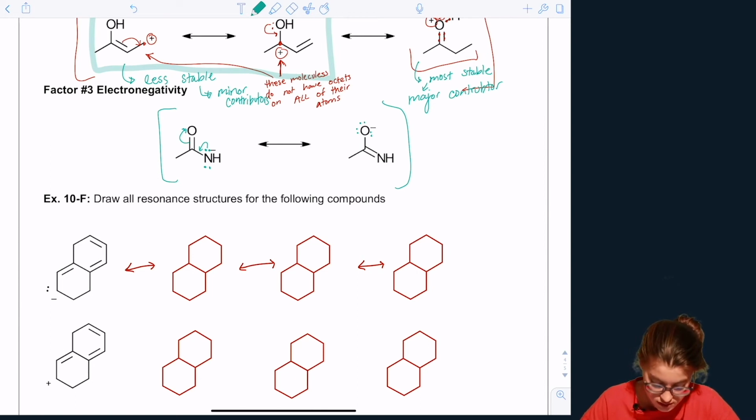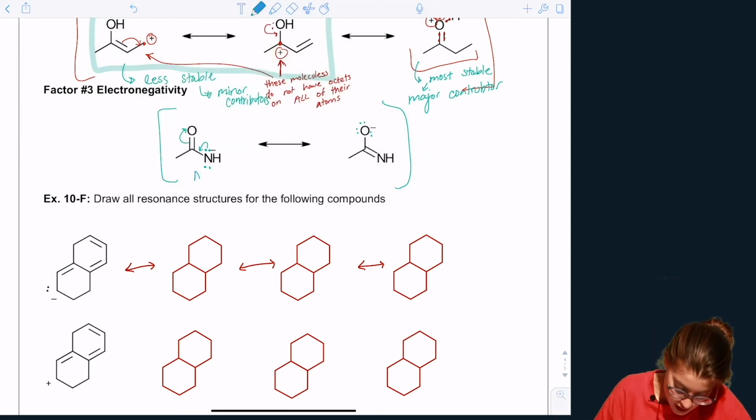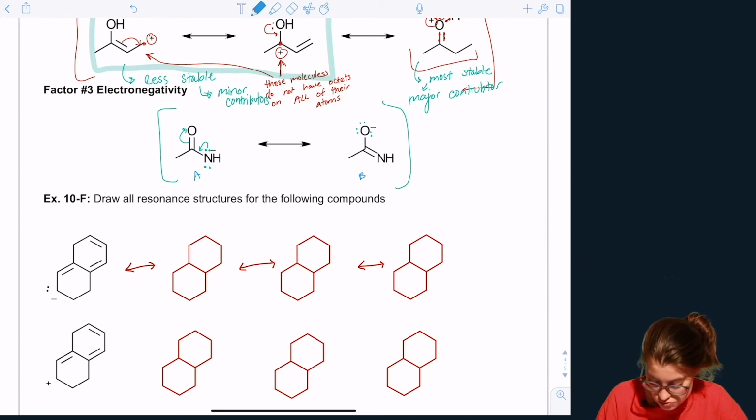The factor here is we have a negative on a nitrogen versus a negative on the oxygen. Which structure, A or B, is more stable? Well, what's more stable, having a negative charge on nitrogen or having a negative charge on oxygen? The answer is oxygen, because oxygen is more electronegative.